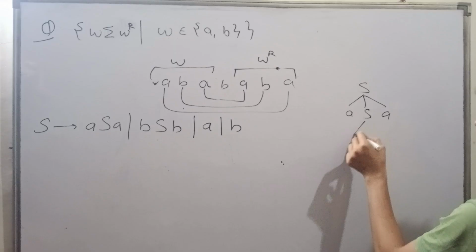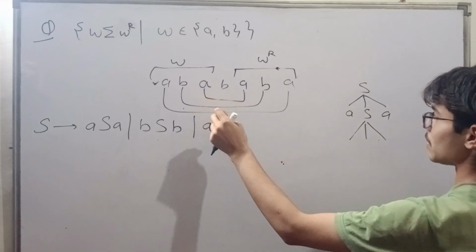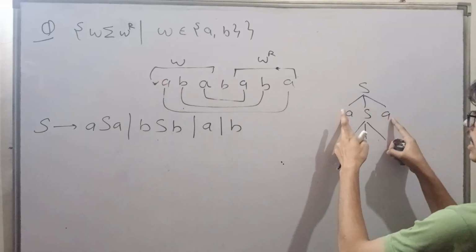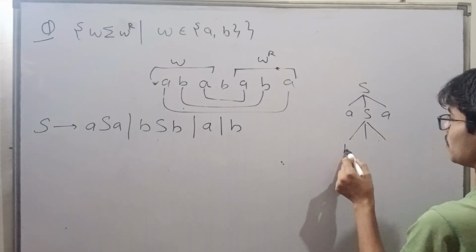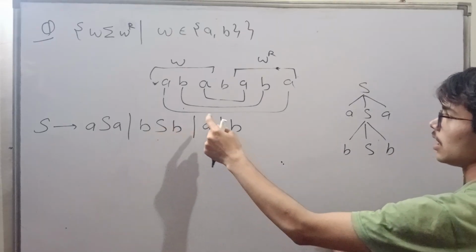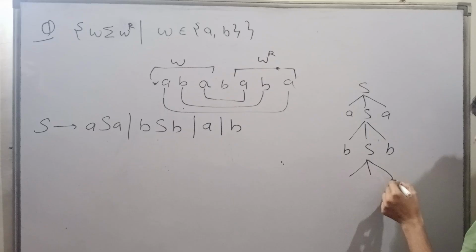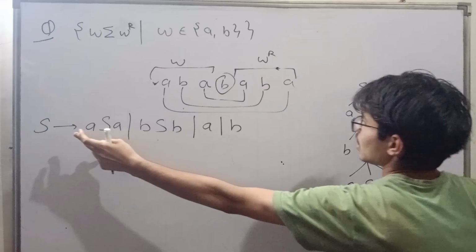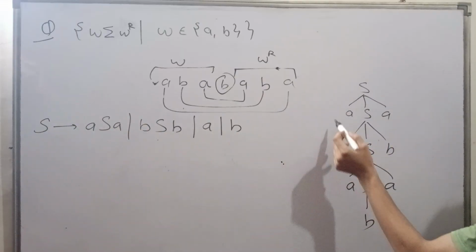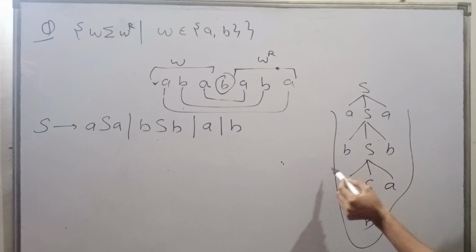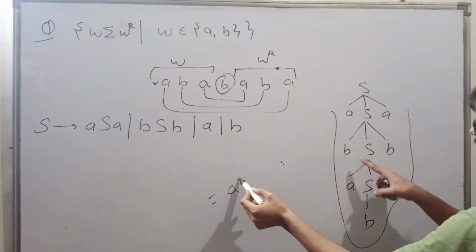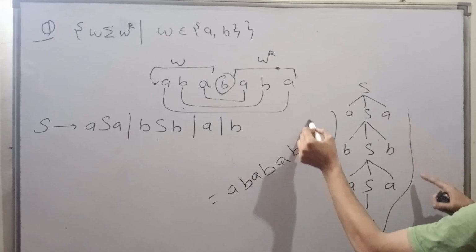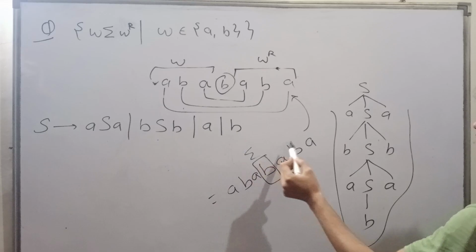Then this S can be replaced by B S B, and then A S A, and at the last you have to write B here, so that you can take B from S. So your whole string is A B A B A B A. This is your sigma.